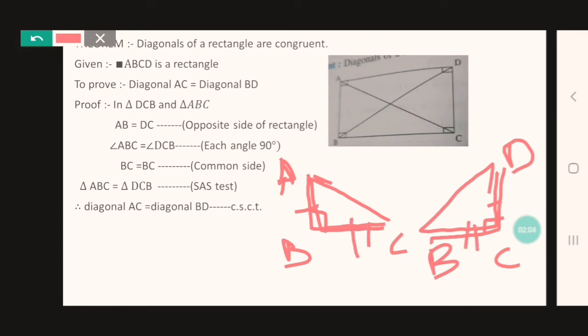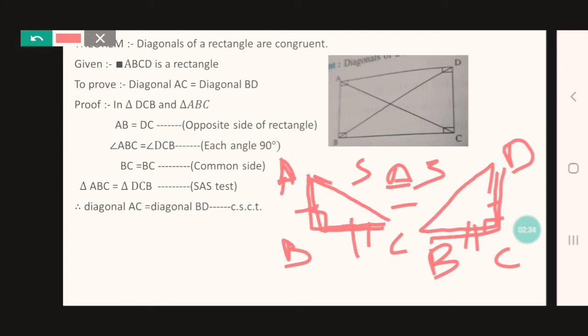So BC is equal to BC, common side. So these two triangles are equal to each other by which test? By SAS test, right? So by SAS test the two triangles are congruent, which means all the parts of the triangles will be equal to each other. So AC is equal to BD. That is, diagonal AC is equal to diagonal BD.